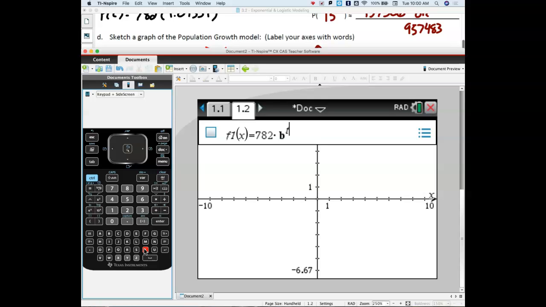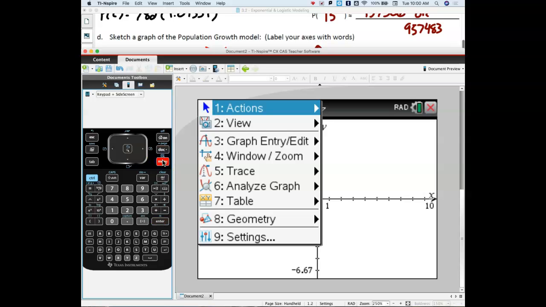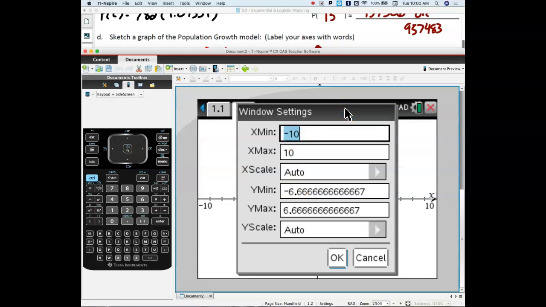Because this function is in terms of x. So I can't type it in just exactly as is. I've got to type it in with a variable of x there. Shabam, there it is. Oh, no, guess what? Got to change my window, right? Okay. Can't see it. Okay. Menu, window, window settings, boom.